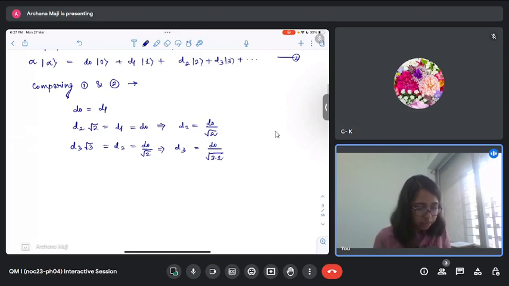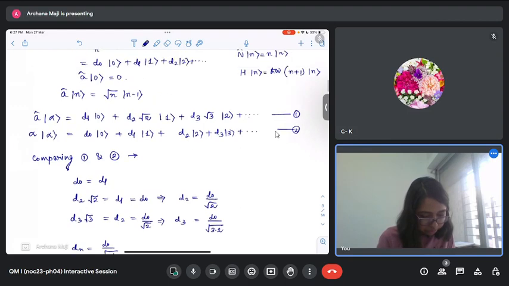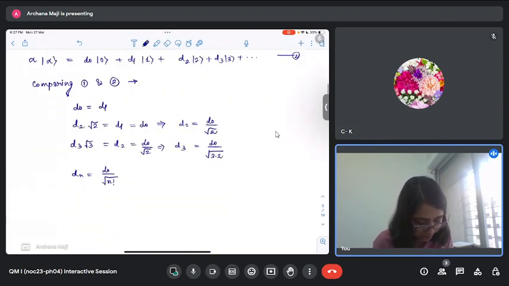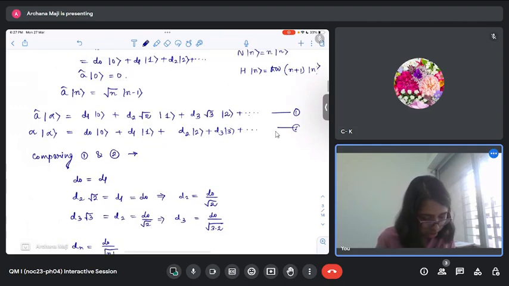We can see the pattern: d_n will be alpha to the n times d0 over square root of n factorial. Is that clear? So what does that mean? The coherent state alpha is basically a summation over n of d0 alpha to the n over square root of n factorial, times |n>.